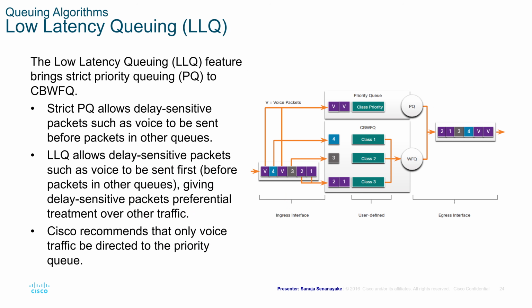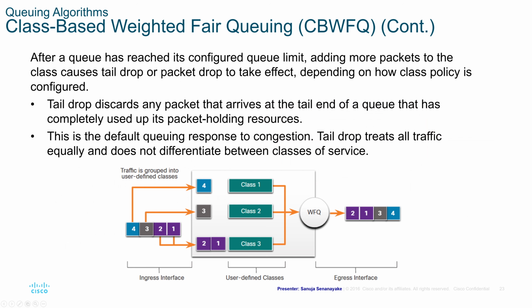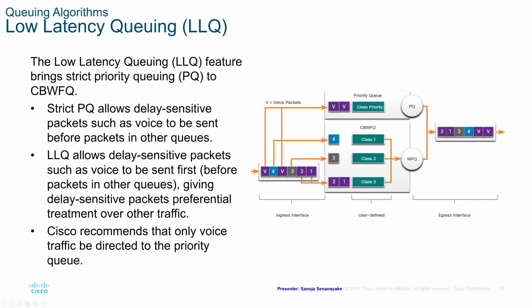Next, we're going to look at low latency queuing, or LLQ. In low latency queuing, what happens is that it brings strict priority queuing, also known as PQ, to CBWFQ. It's built on top of what we already do with CBWFQ. We basically take that and build on top of it to create low latency queuing, or LLQ.